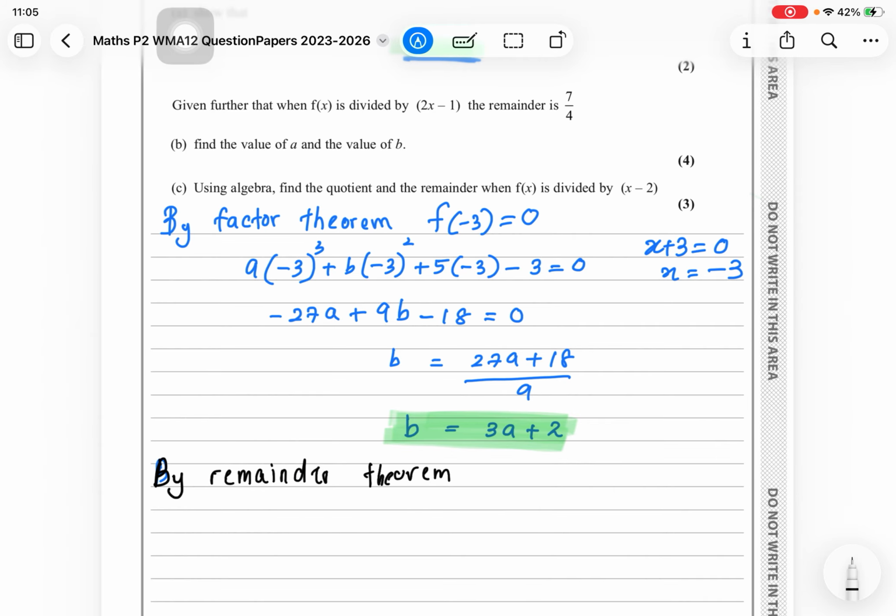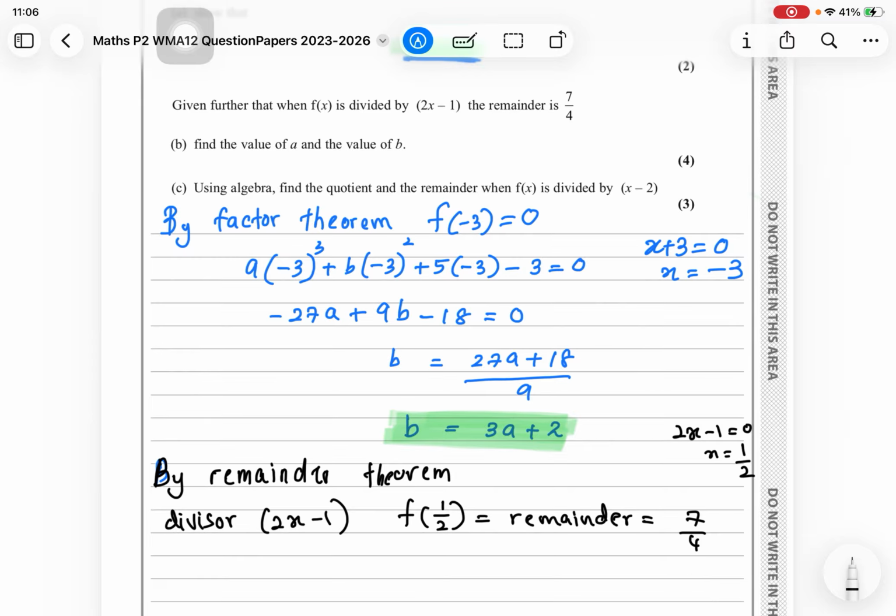If the divisor is 2x minus 1, x is going to be 1 divided by 2. F of 1 over 2 would be the remainder, which is 7 over 4.